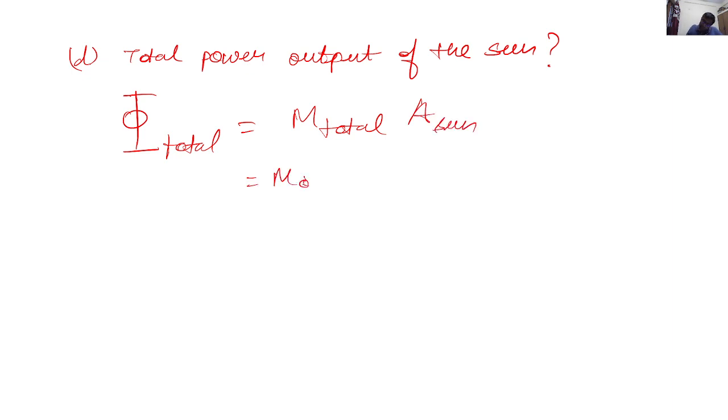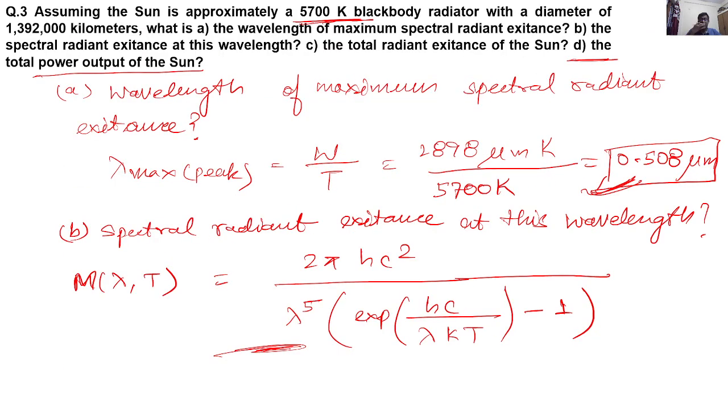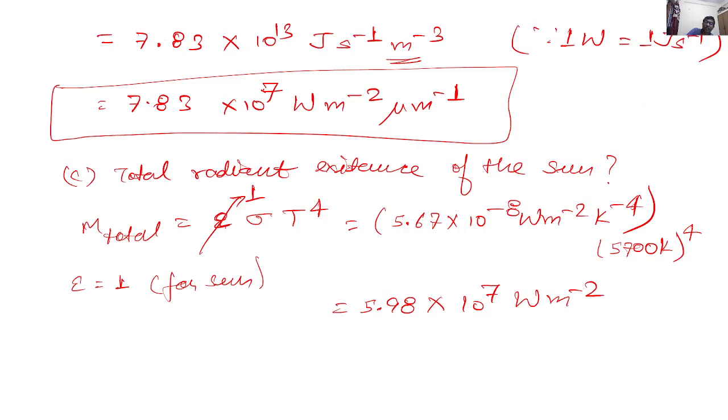So M total, the surface area of the sun would be 4 pi r square of the sun. So it comes out to be 5.98 into 10 power 7, which we found out in the previous part of this question, times 4 times pi into r square. R would be diameter by 2. Diameter is 1.392 million kilometers.